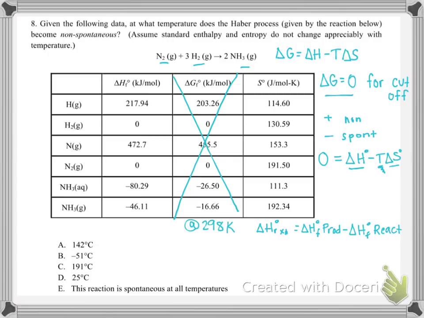Okay, so it's delta H of reaction for the products is going to be 2 times the value for NH3. So it's products minus, and then just 1 times the value for N2 plus 3 times the value for H2.